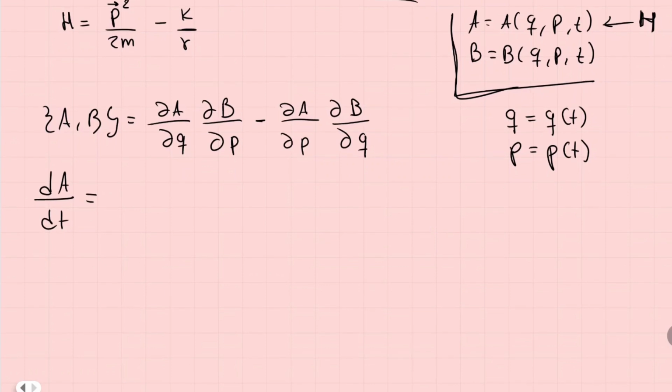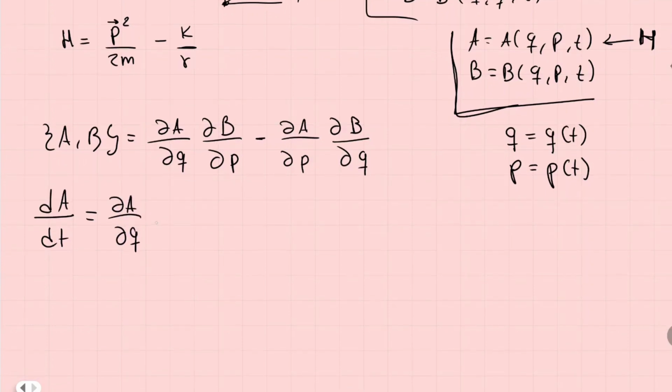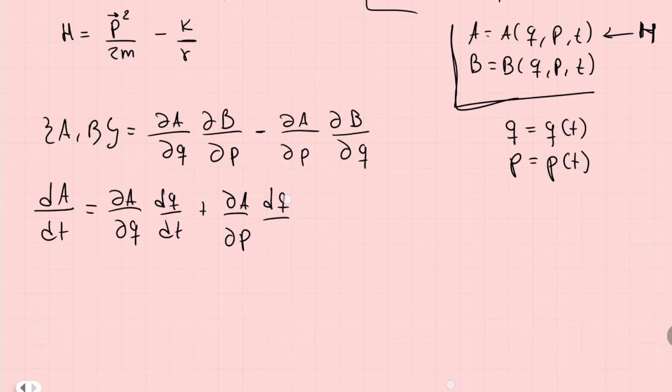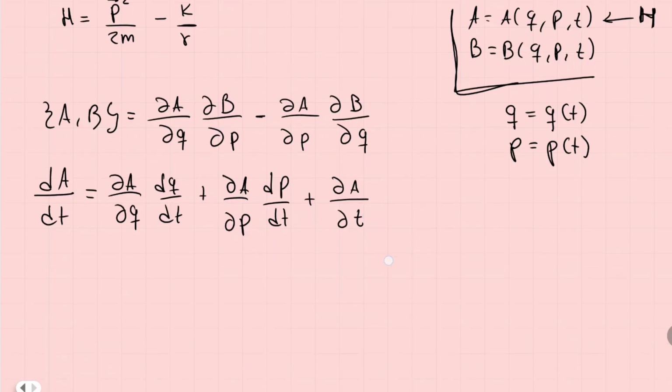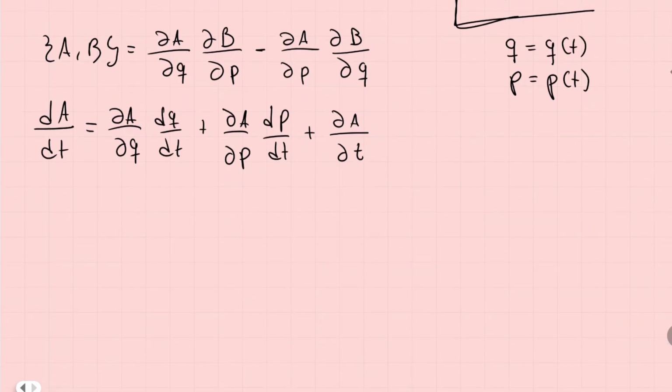In this case, we are going to have the partial of a with respect to q times the derivative of q with respect to time, plus the partial of a with respect to p times the derivative of p with respect to time, and then plus the partial of a with respect to time. Okay, this is just using general formulas from differential calculus.